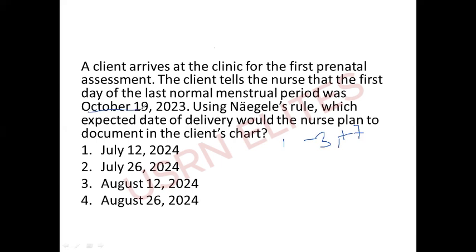So when I subtract 3 months from October, I go to July. And then +7 means adding 7 days to the 19. Then I get 26. Then I add a year to my year. Then I get to 2024.